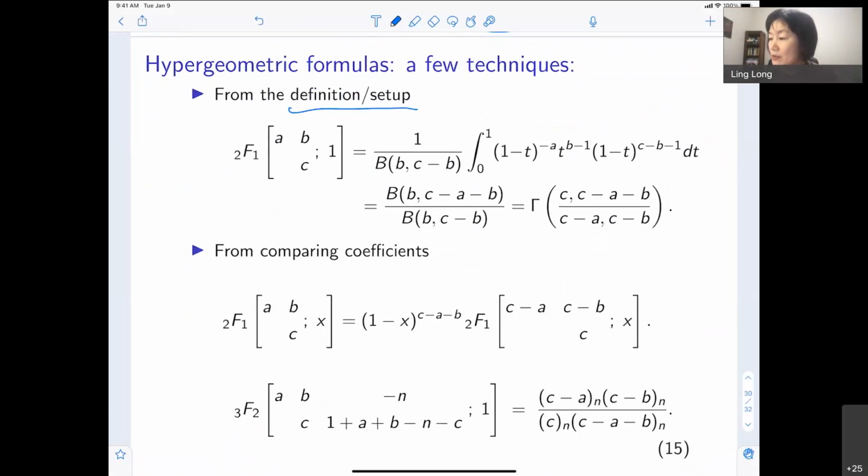When the argument is 1, I have 1 times t, so these two parts can be put together. So it can be written as a beta function, all right? And it can be evaluated in terms of a gamma quotient, so it's gamma C minus A minus B over gamma C minus A and gamma C minus B. And this one is called the Gauss evaluation formula.